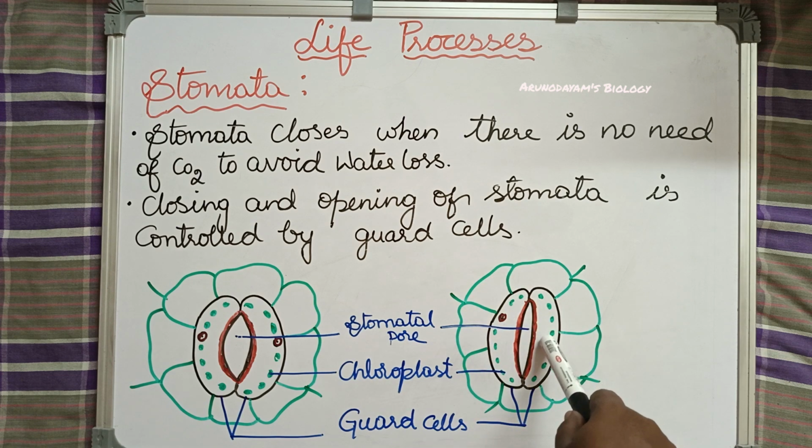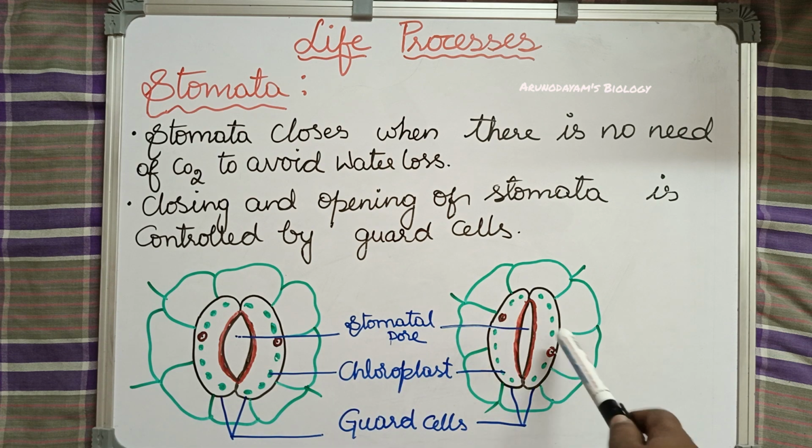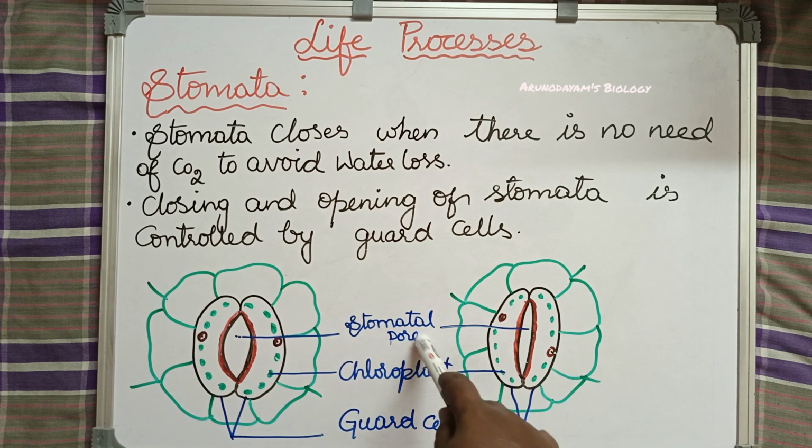The two guard cells already have some water, no? When they open the stomata, they have some water in them. So these two guard cells release water into the adjacent cells. Thus these two cells shrink and come close together. Because of that, the stomatal pore becomes closed. So this is how the stomata close whenever there is no need of carbon dioxide for the plant.